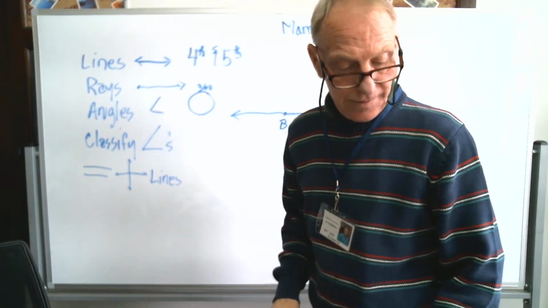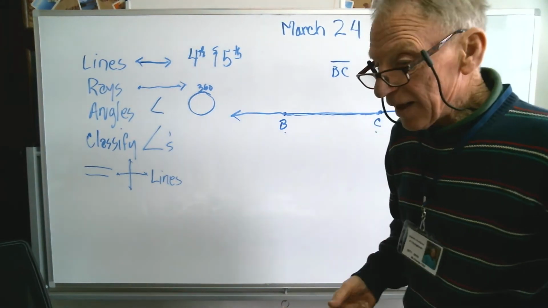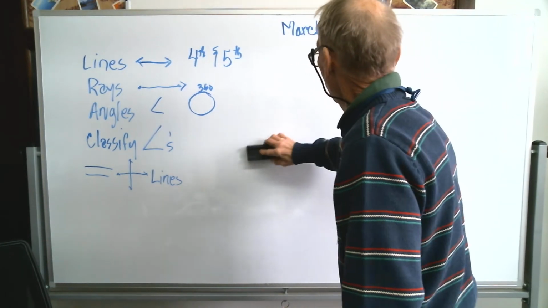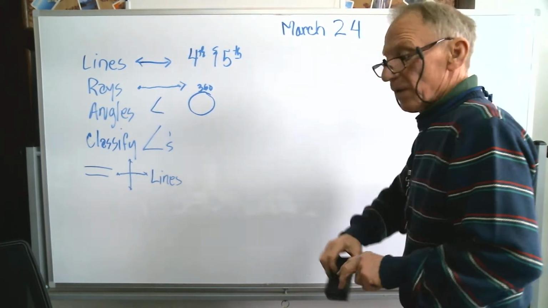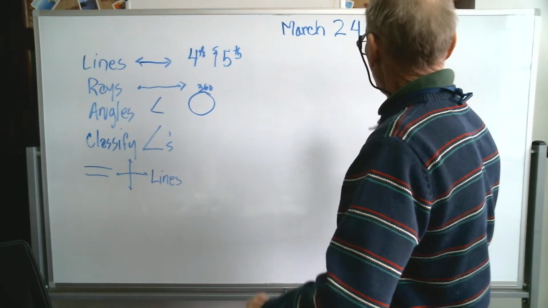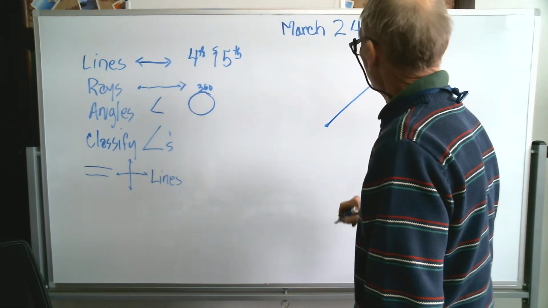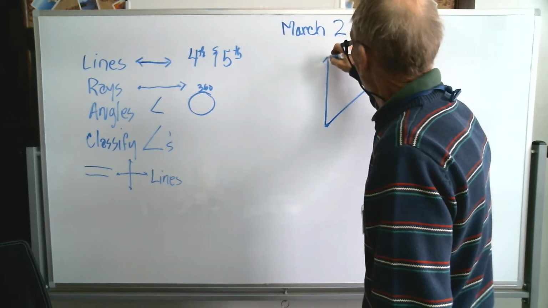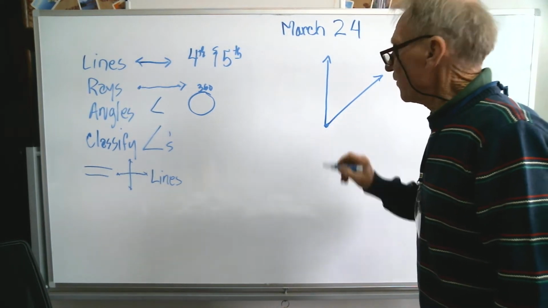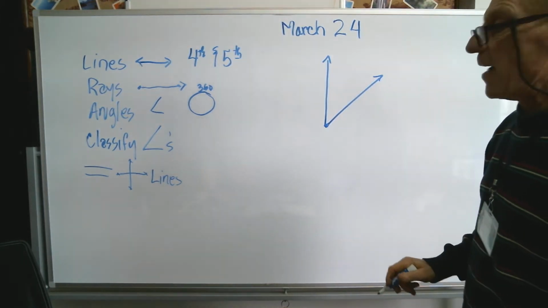Angles. An angle is formed when two rays come together. There's one ray. There's another ray. This is called the vertex. It's the point where those two rays come together.